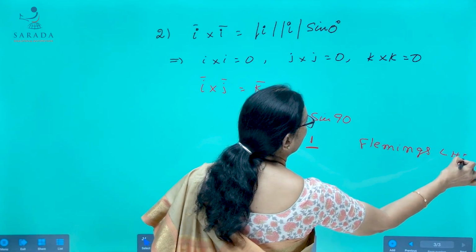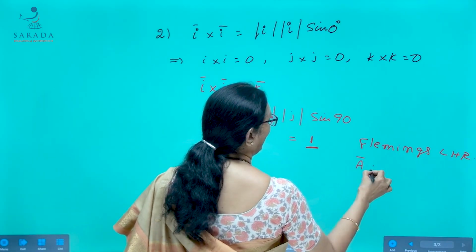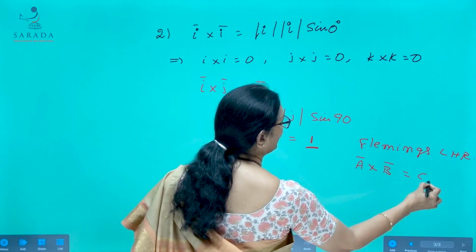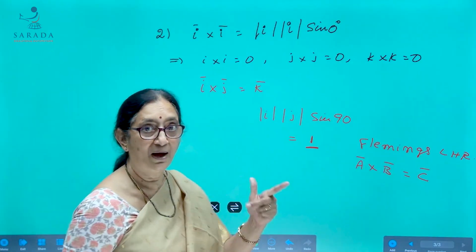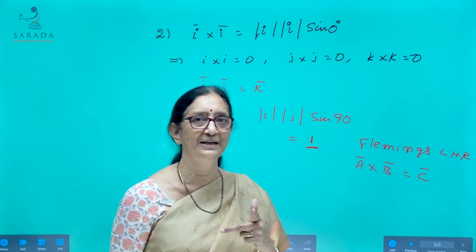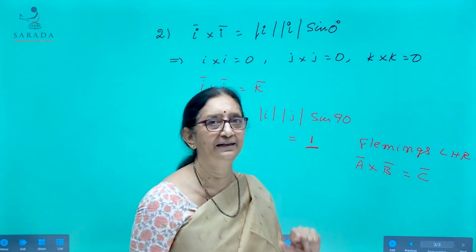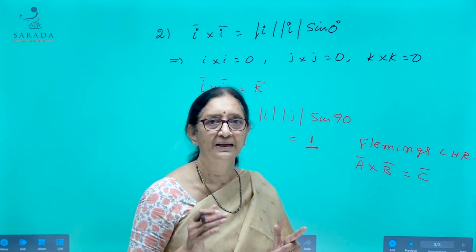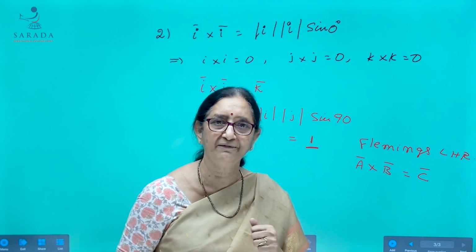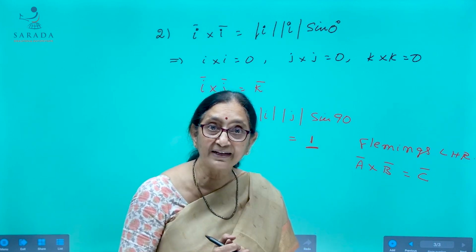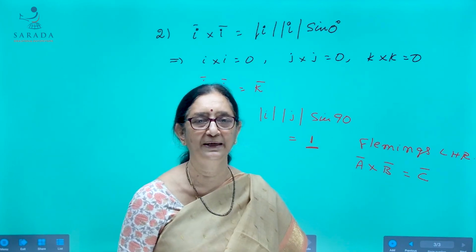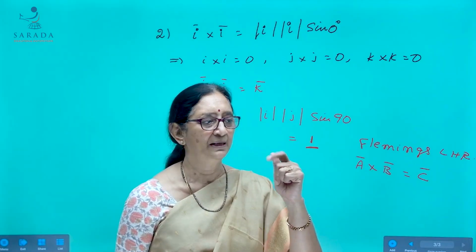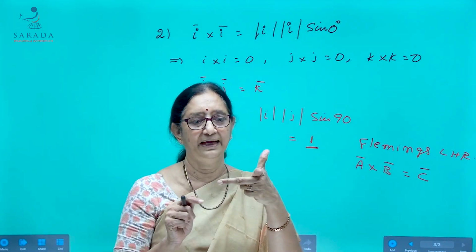We can use Fleming's left hand rule to find out the vector product. A bar cross B bar is equal to C bar. Now, I am telling you how to apply Fleming's left hand rule to find the directions. If two directions are given, we can find out the third direction. See here, stretch the first three fingers of your left hand in three mutually perpendicular directions. So, first like a gun, then like this.